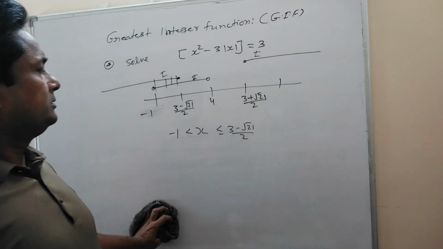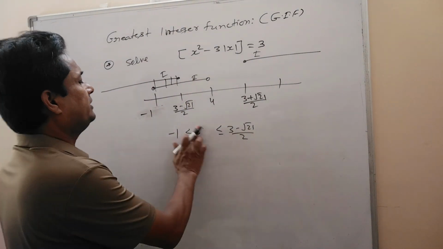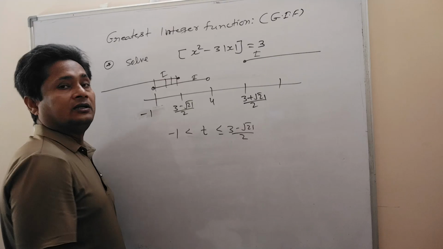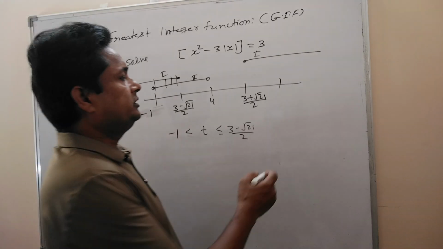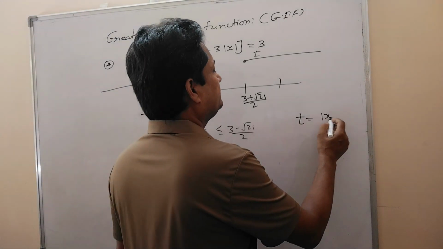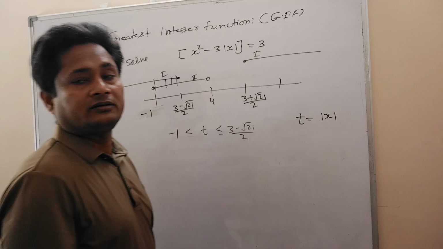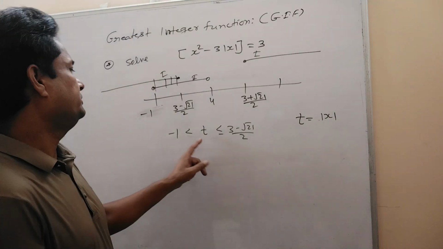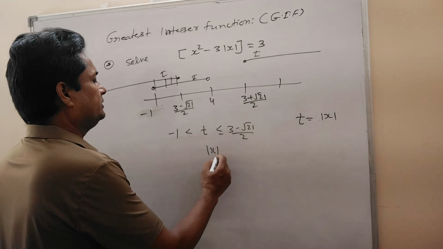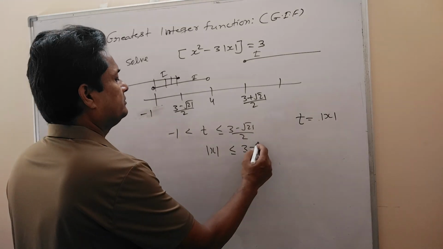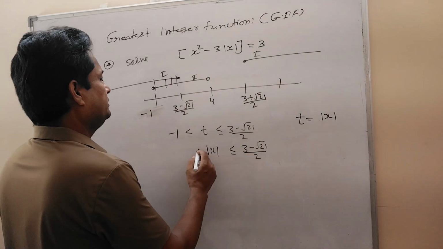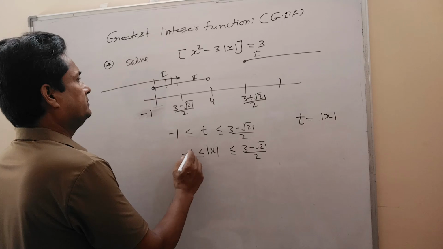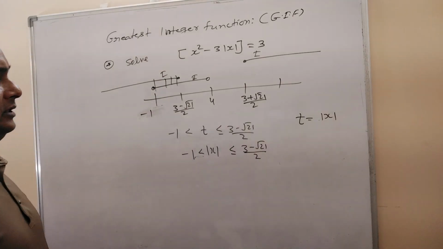Right? So this is the value of t. Now what was t? We took mod of x as t. So substituting here, mod of x will lie in this one, minus root 21 by 2, which is greater than -1.